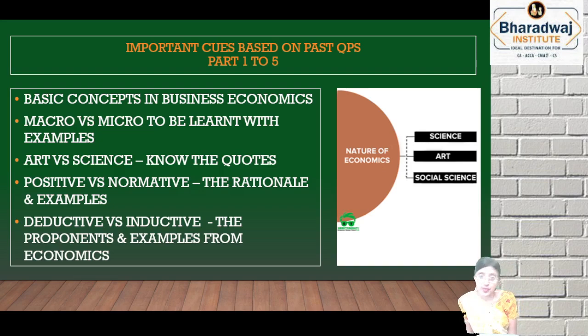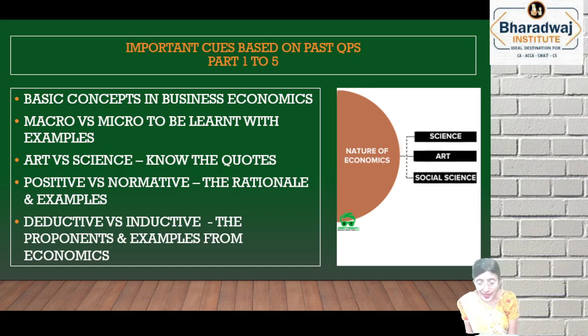Now, art versus science, the quotes. And what type of economics is art? What type of economics is science? That is also there. We are going to do an exercise. And positive versus normative: here, how it is differentiated is the rationale. Examples, both are equally important.